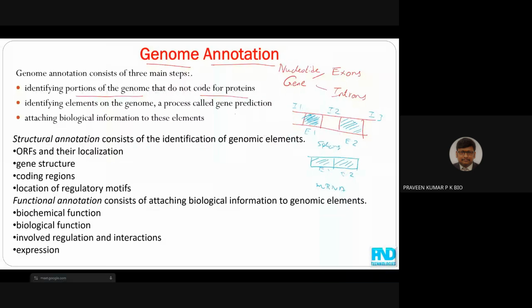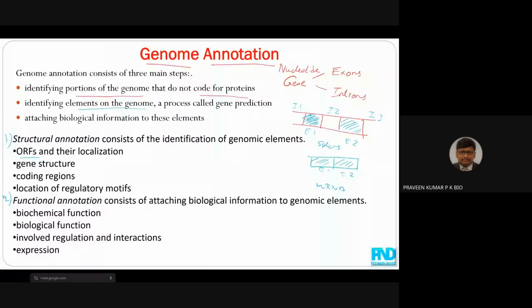So one should know about the coding genes and non-coding genes information, that is also annotated in the genome. And we can also identify elements on the genome, a process called gene prediction. Especially, the annotation can be structural annotation, functional annotation, sequence annotation, etc. In structural annotation, one should know about open reading frames and their localization, gene structure, coding regions, location of regulatory motifs.